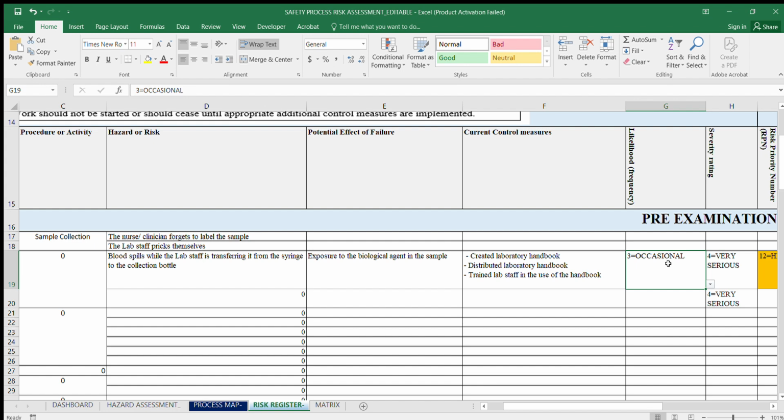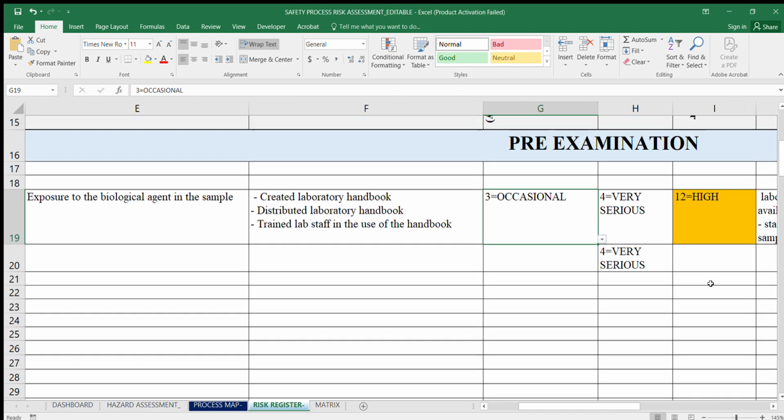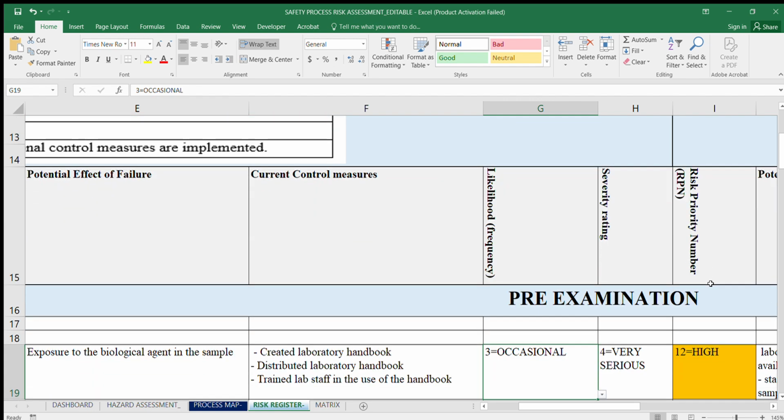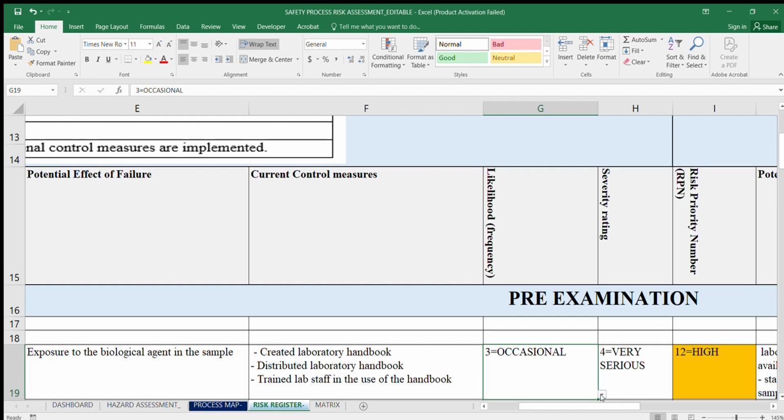So let's assume that in this case, this scenario has never happened before. No one has ever spilled blood, and you've also put up these current control measures. If you need to determine your likelihood, let me just zoom in a bit. Let's pick from what we have.